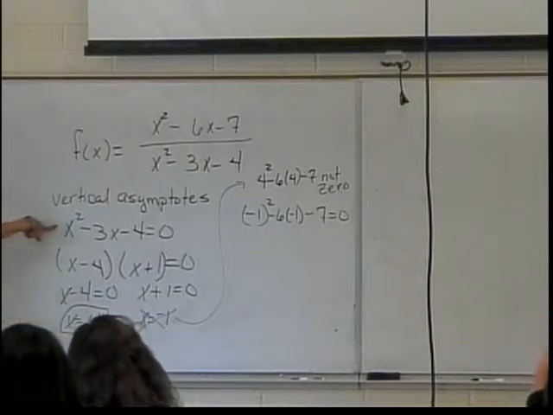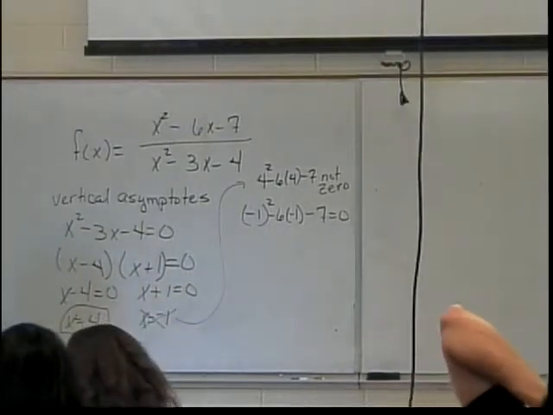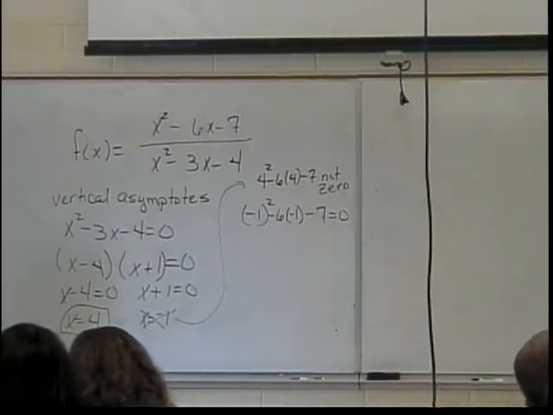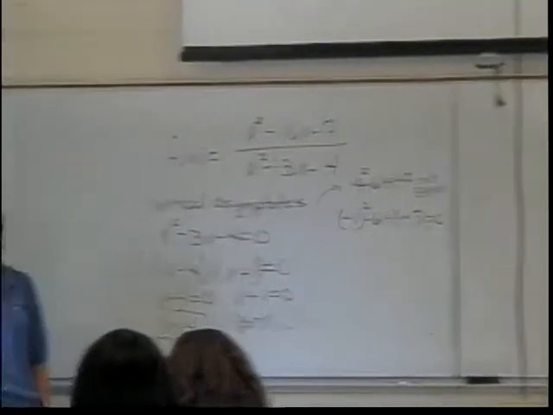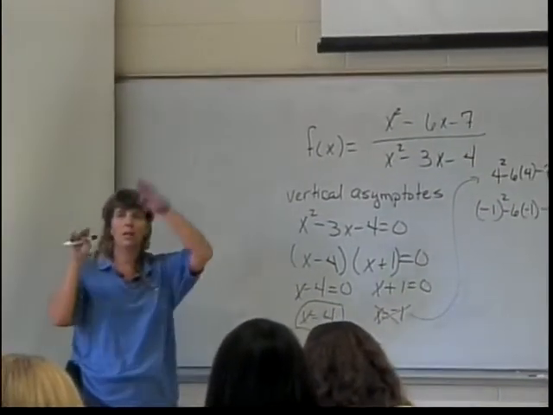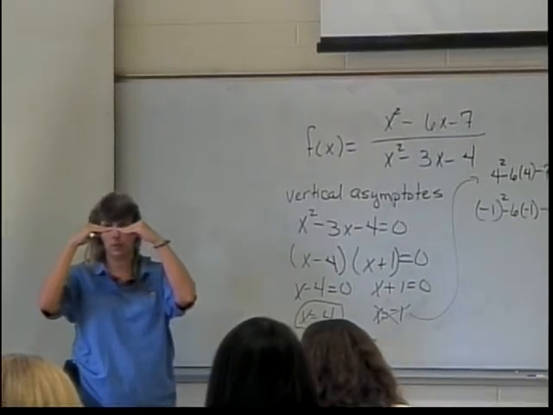No, this is where the bottom is 0. Because if it makes both the numerator and the denominator 0, it's not a vertical asymptote. If it does that, then it's something called a hole. Instead of heading off to infinity and negative infinity, it goes up, skips over, and then continues on the other side. So you'll see a graph with a little space in between.